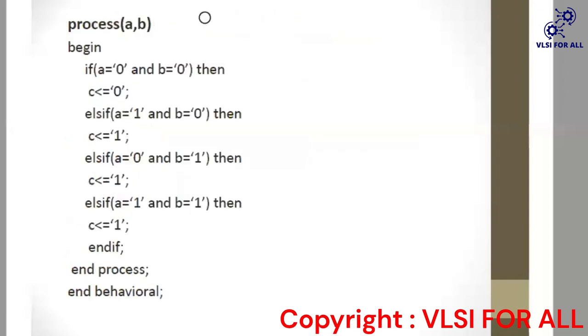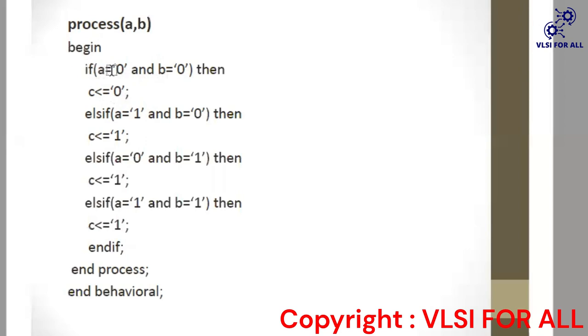Like in the previous example, when A and B change, the output C also changes. Same in this example, when A and B are changing, the output C is also changing. So in the process statement, we write A and B, and we will begin the process statement. And after beginning the process statement, we are writing if A, and in this we are simply implementing the truth table of the OR gate.